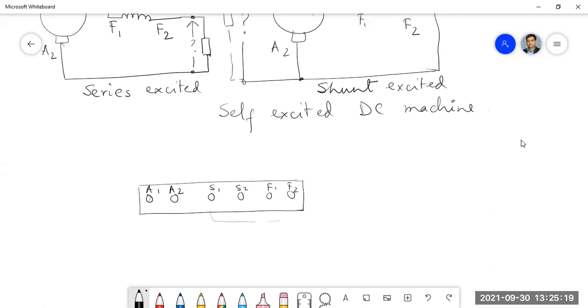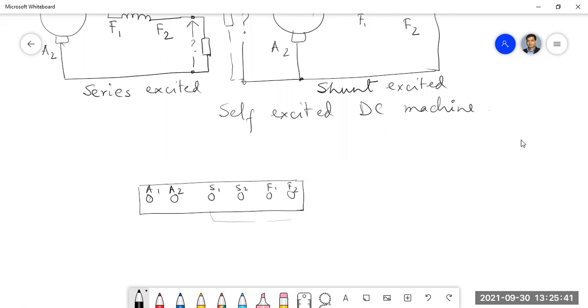So these last 4 terminals are for 2 field coils, S1, S2 for one field coil and F1, F2 for the other field coil. So this special type of machine has 2 separate field windings or field coils.